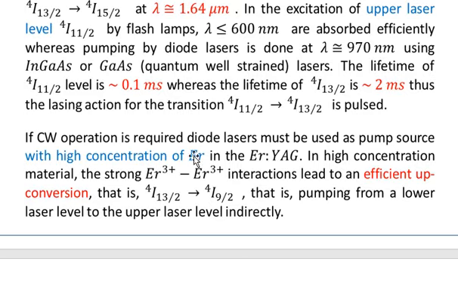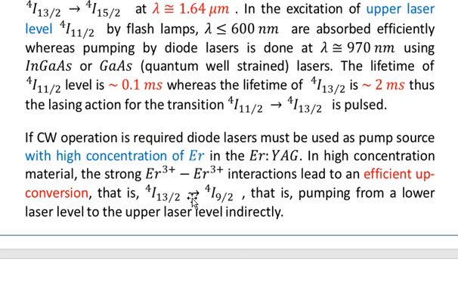If CW operation is required, diode lasers must be used as a pumping source with a high concentration of erbium in the erbium YAG. In high concentration material, the strong erbium ion to erbium ion interactions, that is Er3+ to Er3+ interactions, lead to an efficient up conversion, that is 4I13/2 to 4I9/2.